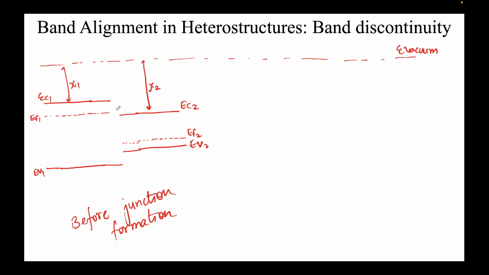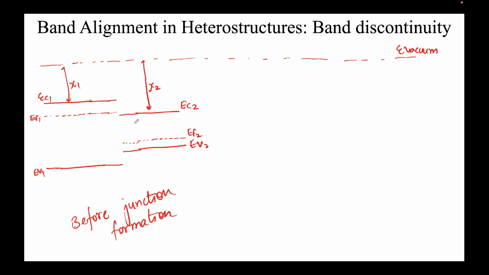Okay, now I'm very close to forming the junction, but as soon as these materials come into contact with each other, the average energy levels, which are EF1 and EF2, you can see that it's high in EF1, low in EF2, just like in the PN junction. We had seen that. What essentially it means is that the electrons, I'm only talking about the electrons in this case to keep the discussion simple.